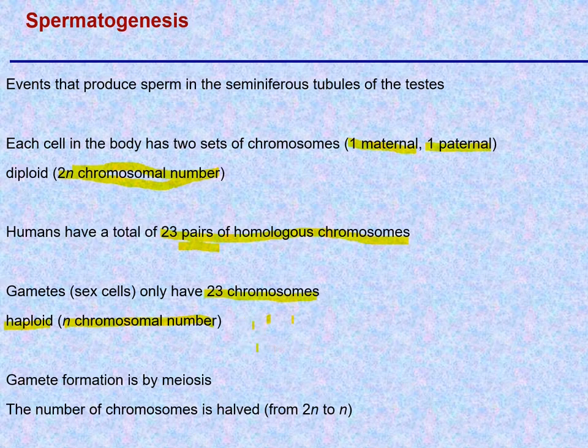Now, this reduction or halving of chromosomes in spermatogenesis is achieved by a process called meiosis. It's reductive division.